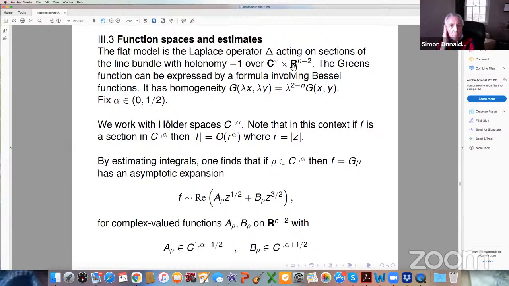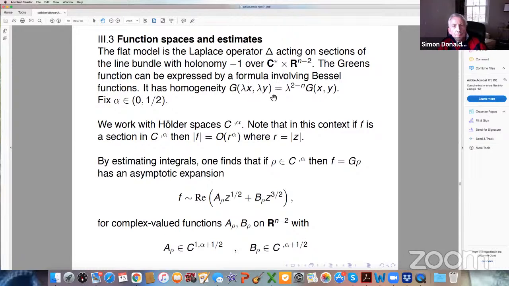You can write down the Green's function, which inverts this Laplace operator, using traditional techniques. One can write down a formula involving Bessel functions, for example, and understand the asymptotics of this thing.